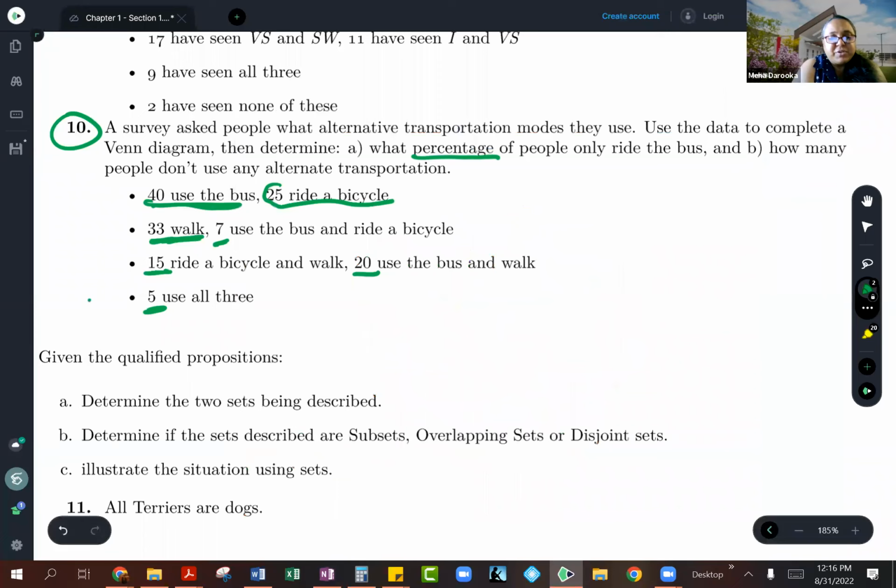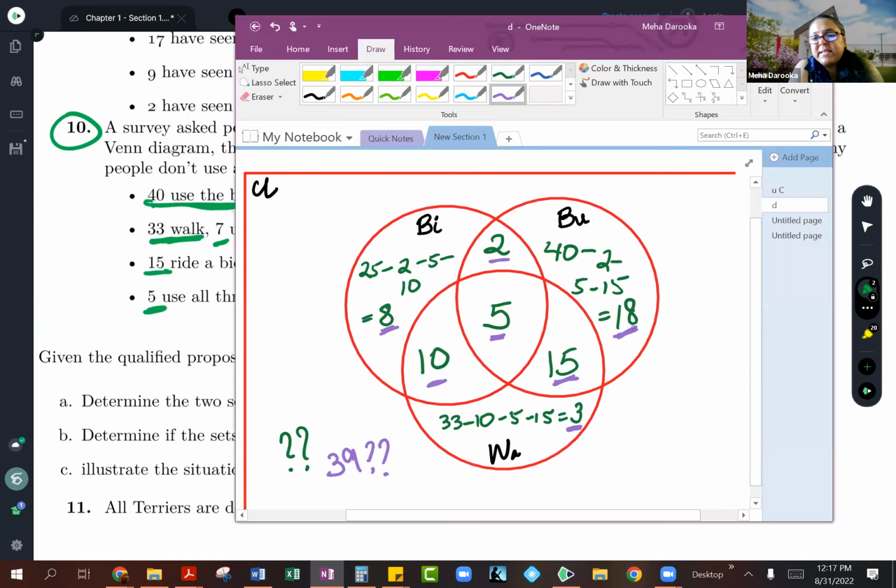They are not there. So based on that, if we were to calculate the percentage, and this one is what percentage of people only ride the bus, then only ride the bus would be 18 over here. So now are we taking 18 out of the 61 total that we have?